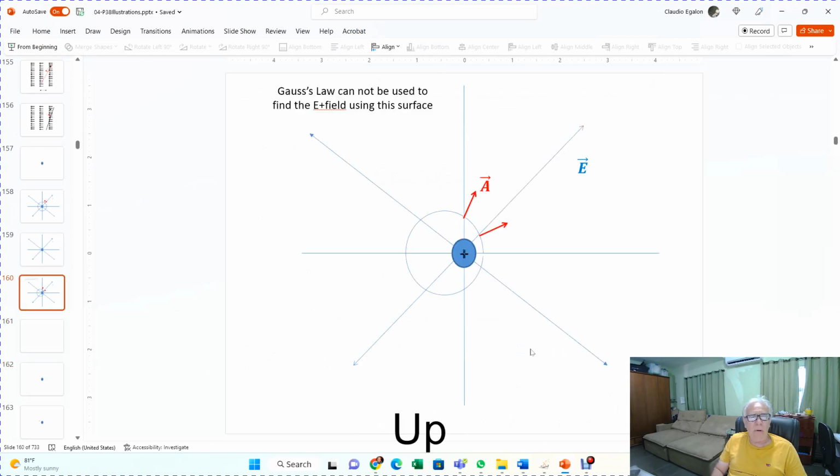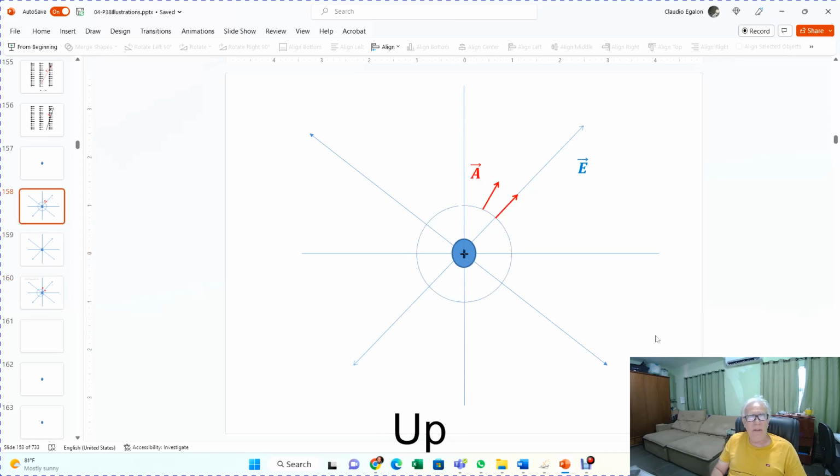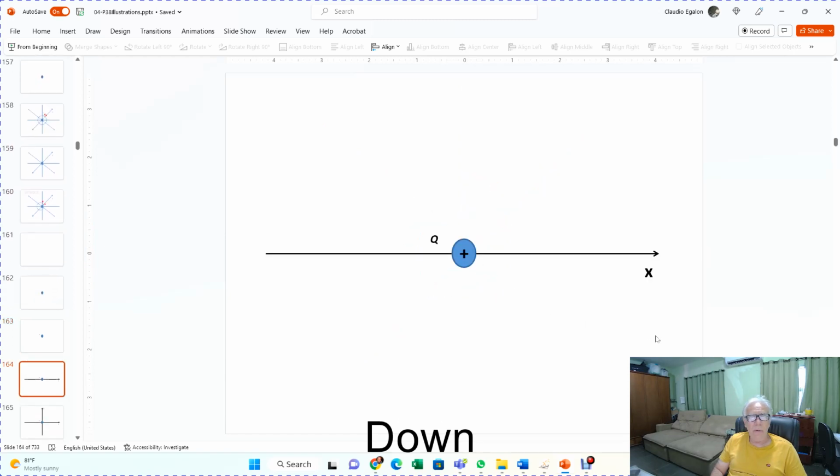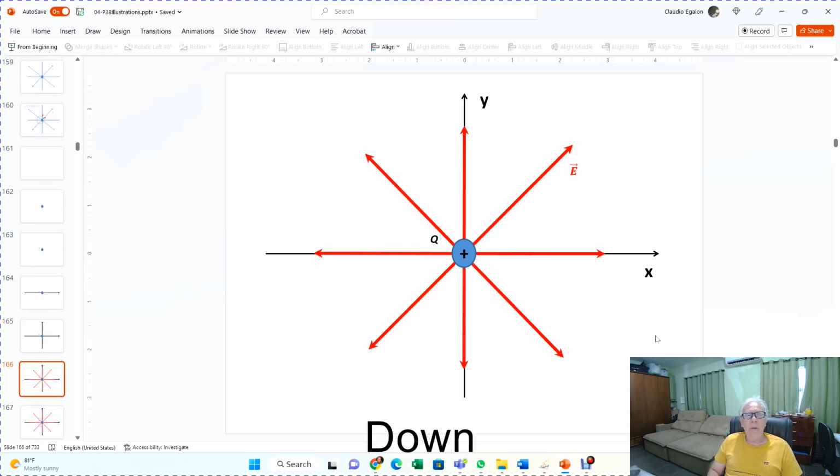In the case of our imaginary surface, like this one, the enclosed charge is going to be this positive charge, whatever value it has. Here too, you have the same thing. Here you go, charge Q, x-axis, y-axis. We already know that the electric field for a positive charge is away from the charge itself, right?